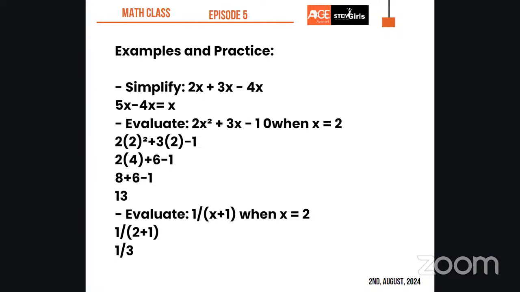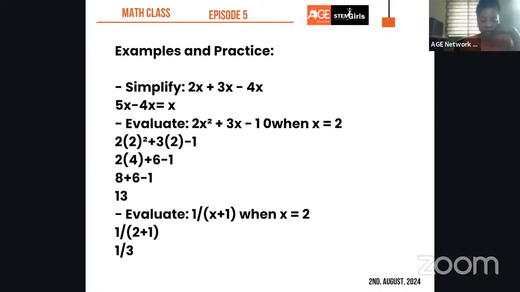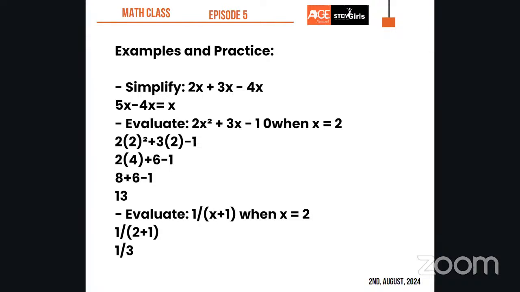But because of the level of our girls, I left it that way so that they would be able to understand why 2 into bracket 2 raised to power 2 is not just equal to 8. I want it to be better simplified, very easy for them to digest and understand.